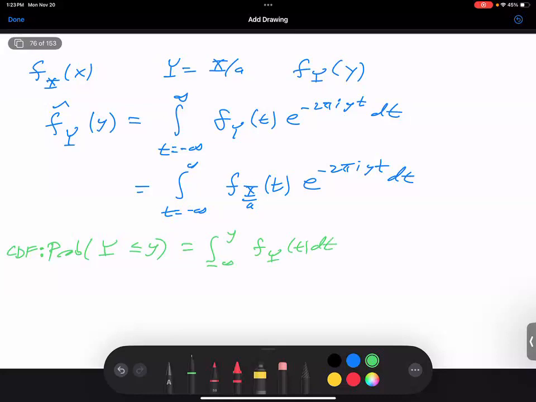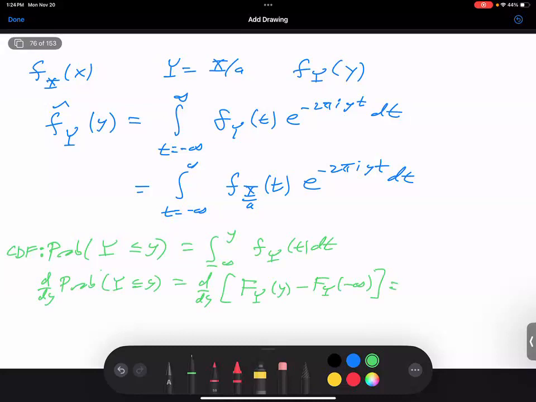If I take d by dy of this, I've got an integral, so I'll have the antiderivative at y minus the antiderivative at negative infinity.